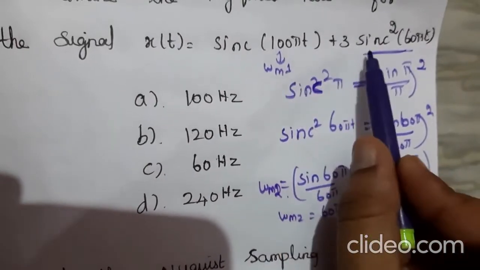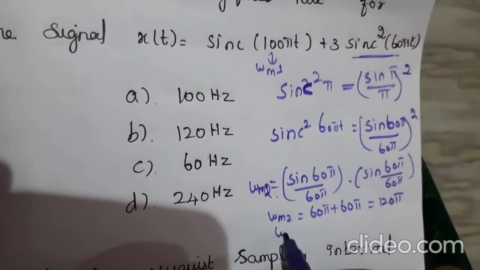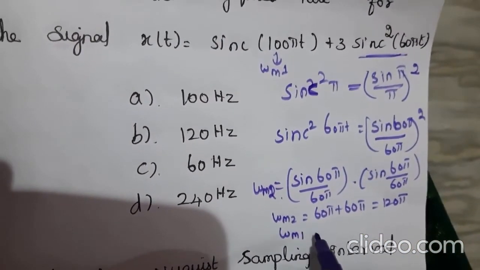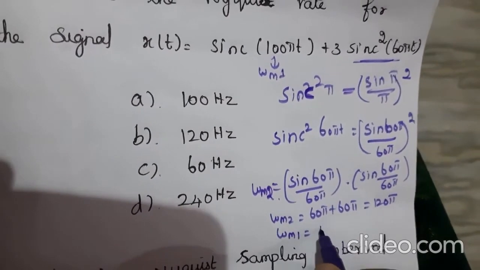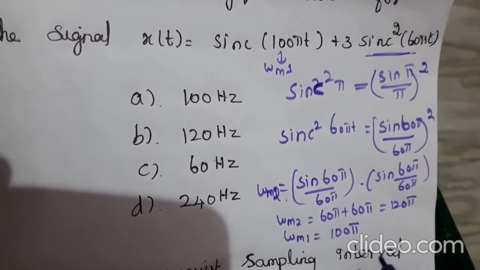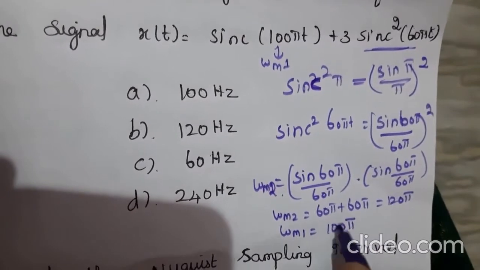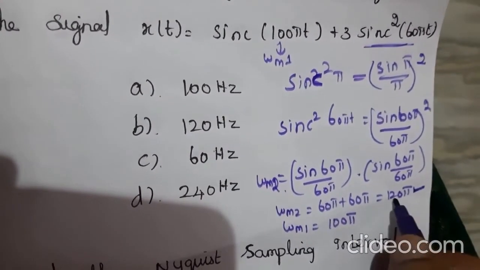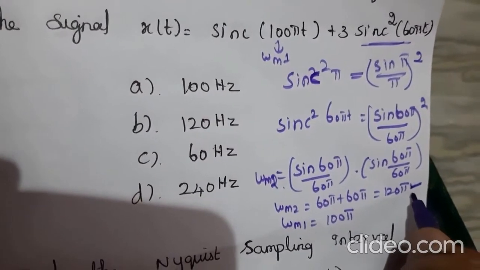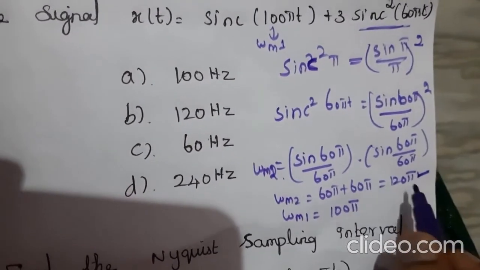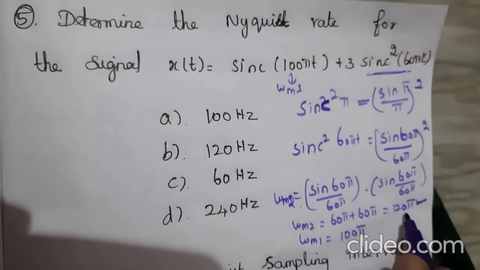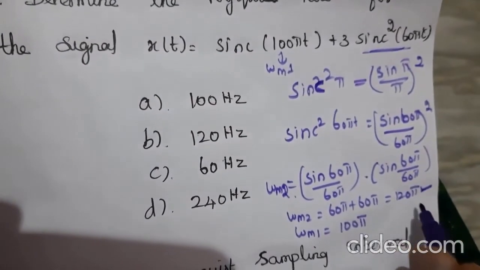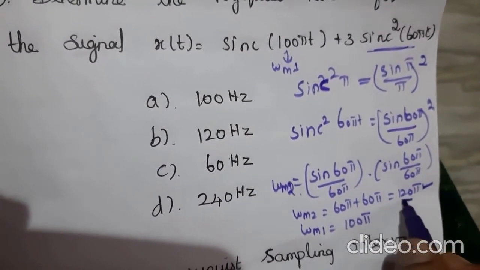So now this is an added signal and omega m1 is equal to 100 pi. So seeing this, the maximum value here is 120 pi. Okay, so we have to find the Nyquist rate. So we can directly take the answer here as 120.